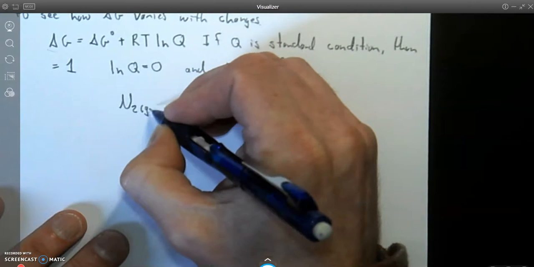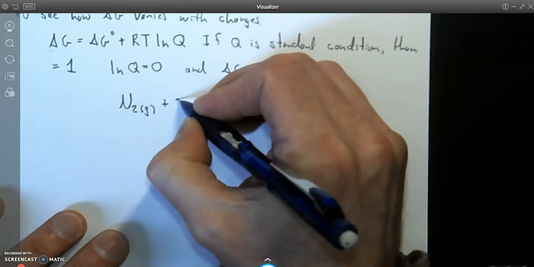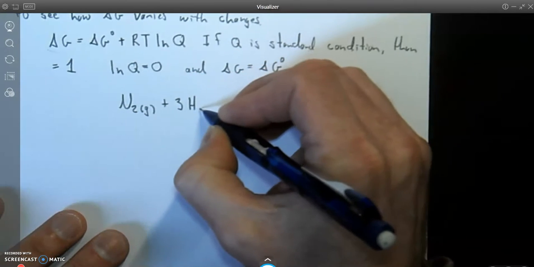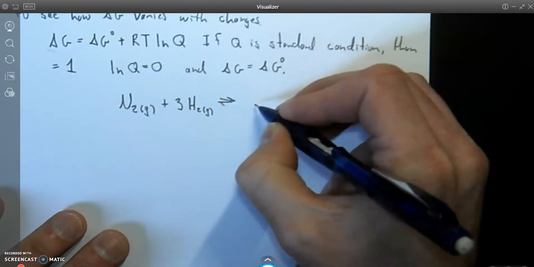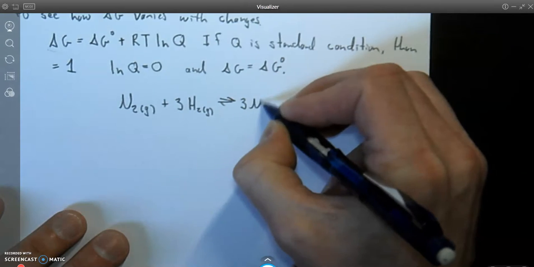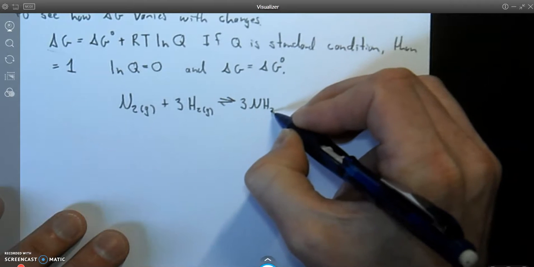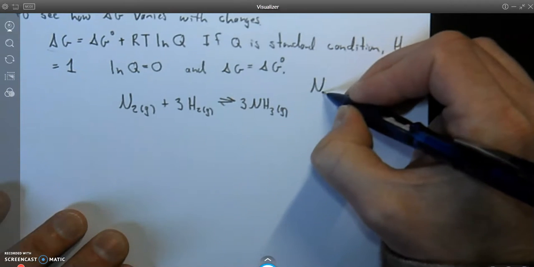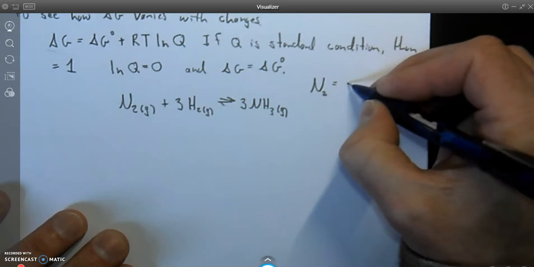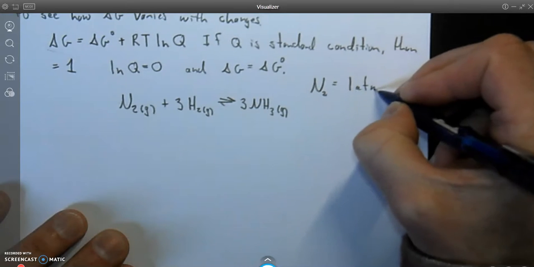You have nitrogen plus hydrogen producing ammonia. And we'll give it some non-standard conditions. We'll say nitrogen happens to be 1 atm.